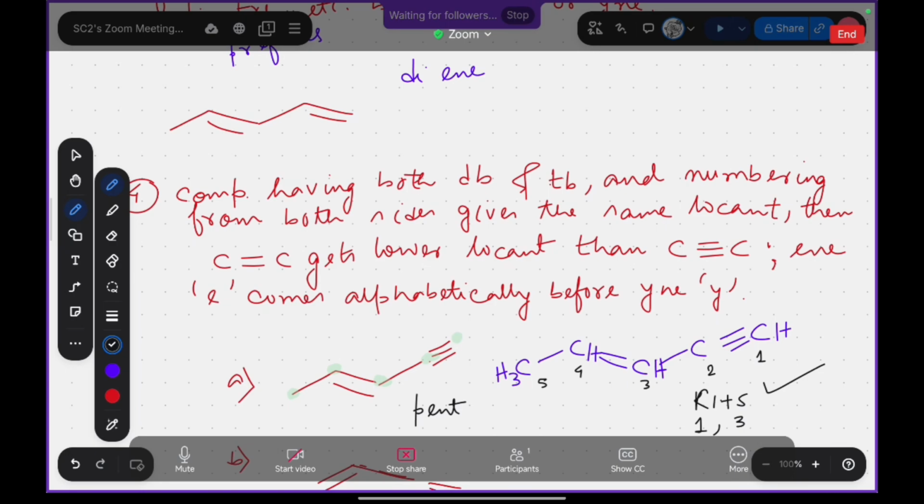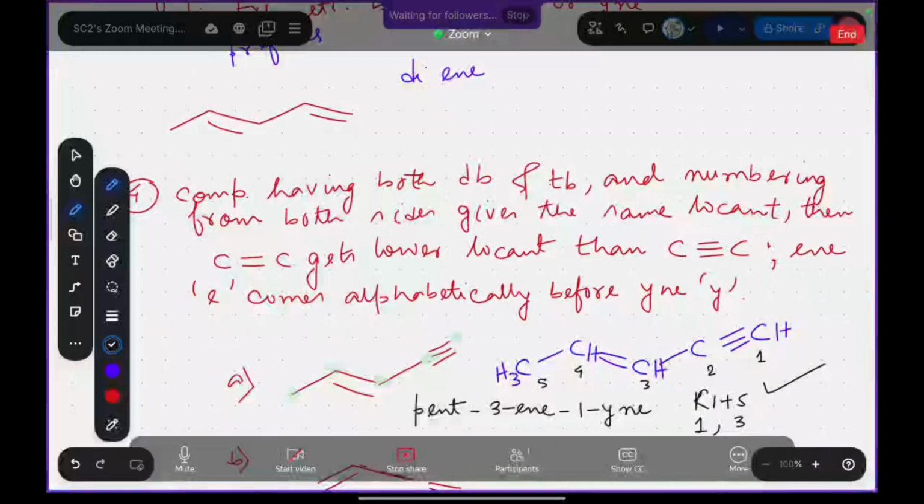Single bond is obviously there, but double bond and triple bond are present, so we will not include an here. So what will we write? Pent, it is 3 ene, pent 3 ene and 1 yne. This is the IUPAC name of this compound.